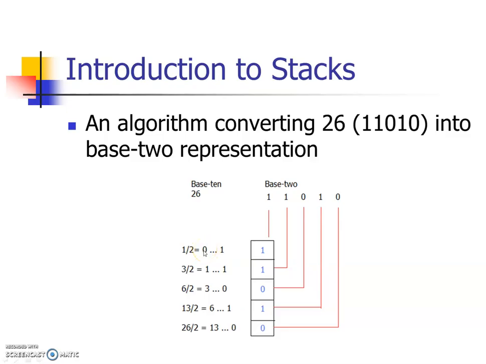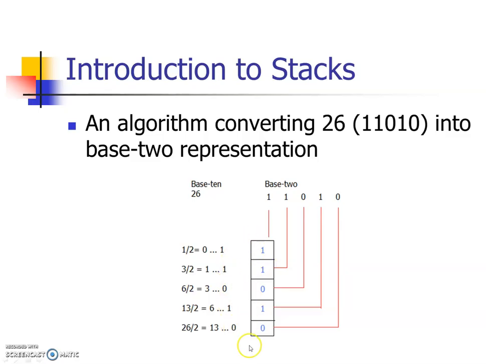The thing is this. Based on all the remainders that we retrieve, we get this 0 first. So if we output all the remainder numbers one by one, what we will get is 0, 1, 0, 1, 1, which is actually not the value that we need, because the value we need is in reverse order, which is 1, 1, 0, 1, 0.